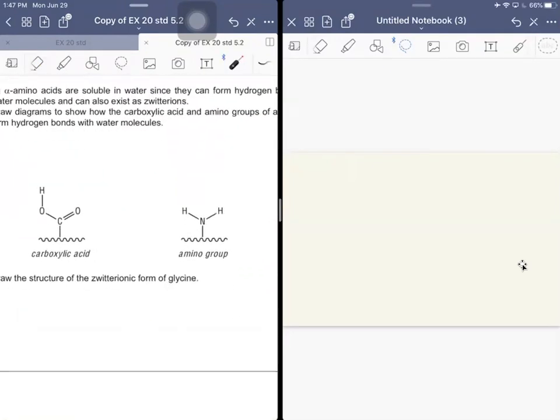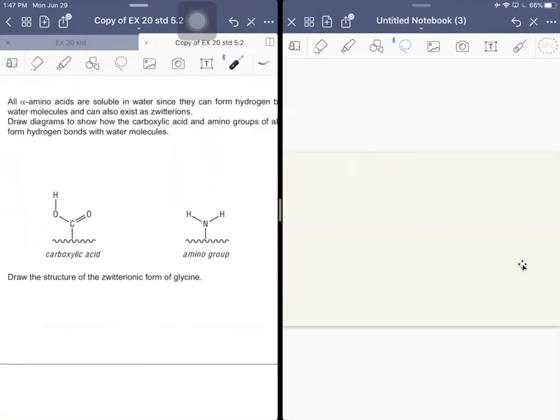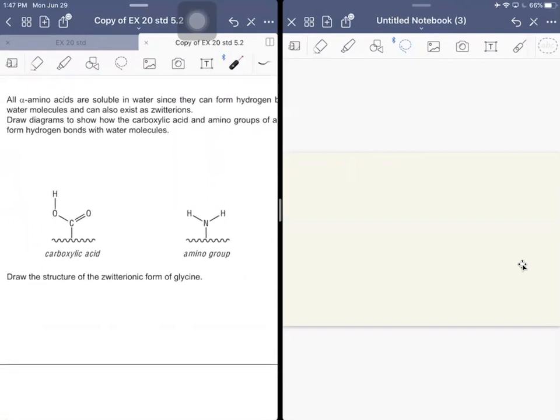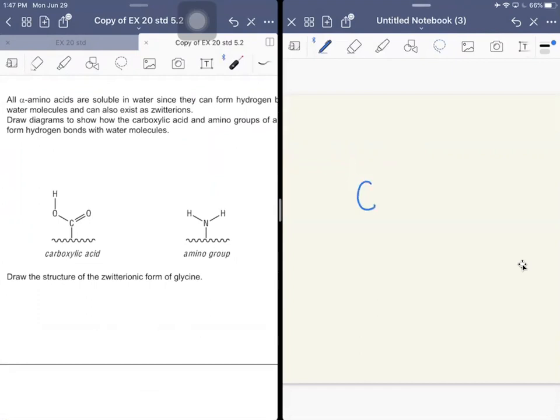Okay, part B. Draw the structure of the ionic form of glycine. Now, when you want to draw an amino acid, I always like to start with the central carbon. My hydrogen always goes up. My R group will be at the bottom, which I will worry about later on.